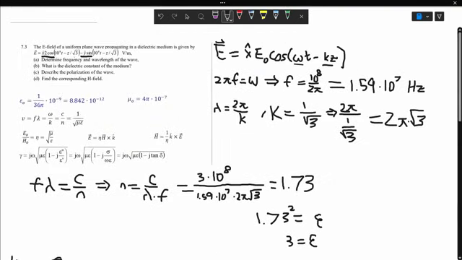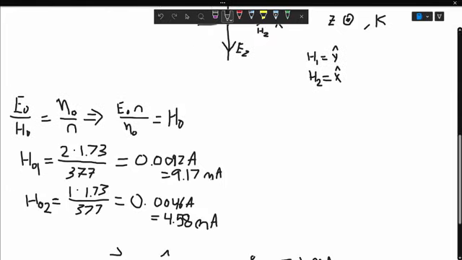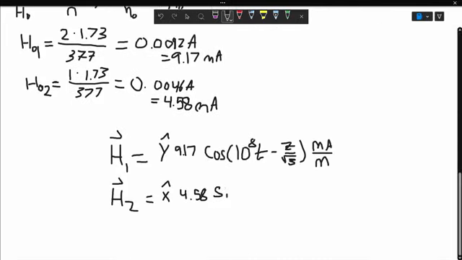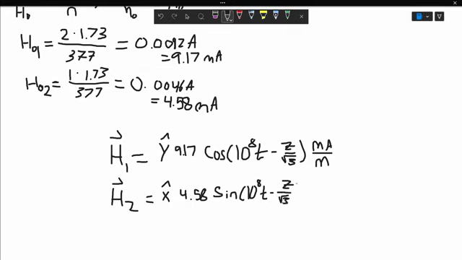It should be the same as the original second part of the E field. So we have sine, in the parentheses, 10 to the 8 t minus z over square root of 3. And yet again, we need to have the units, so milliamps per meter.